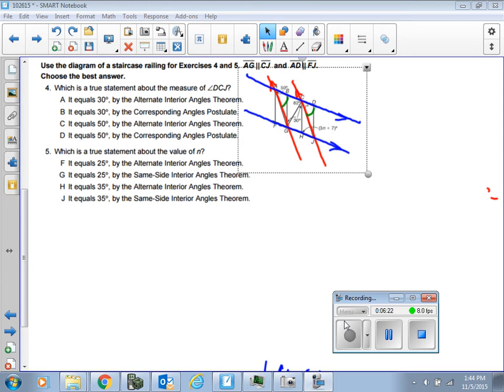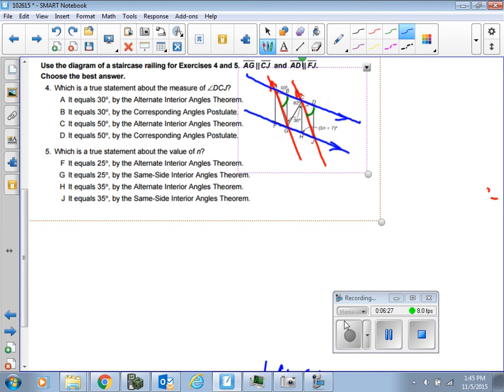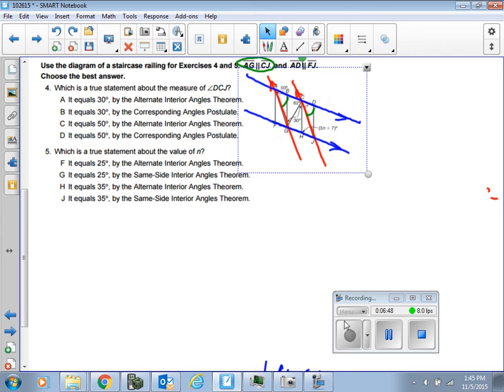Okay, I'm looking at number 4. Now, what I've done on number 4 is I've actually put lines because the given information is that AG and CJ are parallel, which is this part here, and I put those lines both in red. And AD and FJ are parallel, and I put those lines both in blue. So they're asking you which is a true statement about angle DCJ. When I put DCJ here in green, that's this angle right here.